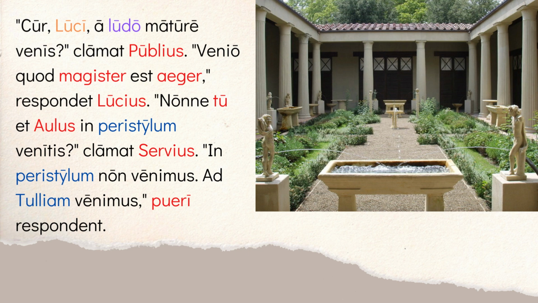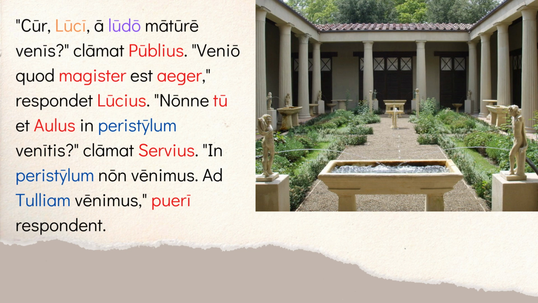Publius shouts. And he gets his answer. Venio quod magister est aeger, respondet Lucius. So venio, I'm coming, right? Because the teacher, the magister, est aeger, is sick, right? So it says, why are you coming back from school? Well, I'm coming back because the teacher's sick, right? Is the idea. Respondet Lucius. Lucius responds.